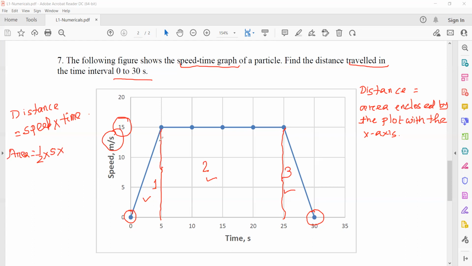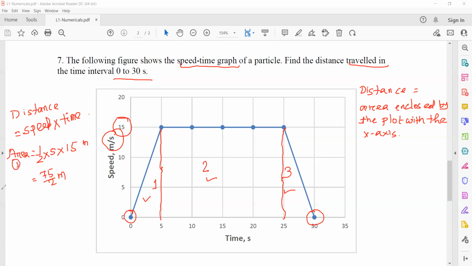Base is 5, height is 15 minus 0. 15 meter per second is the maximum speed. So 15 minus 0, that would be 15. Because 5 second and meter per second, second would get cancelled, the area would be in meters. So half into 5 into 15, so it will be 75 by 2 meters.